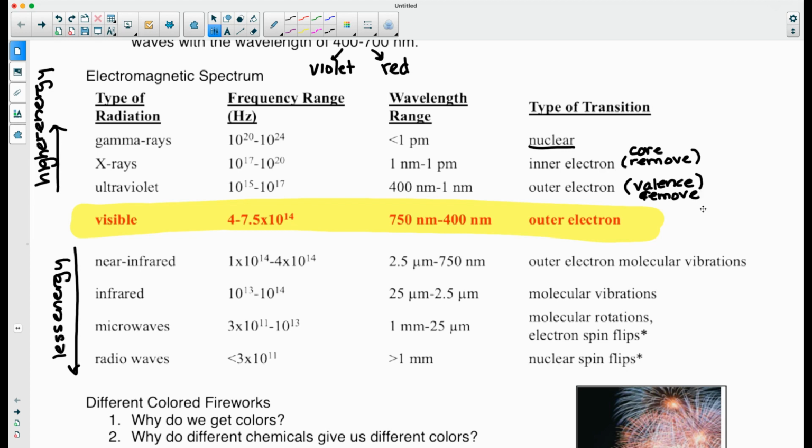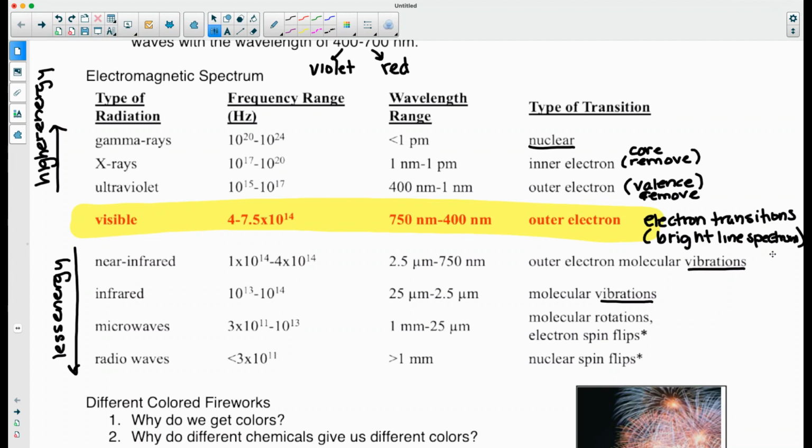Visible light can also remove an outer electron, but it can also cause electron transitions. This will have to do with the bright line spectrum, which we get when electrons go from the excited state to the ground state. Infrared and near infrared will cause vibrations of either the outer electrons or the molecules.